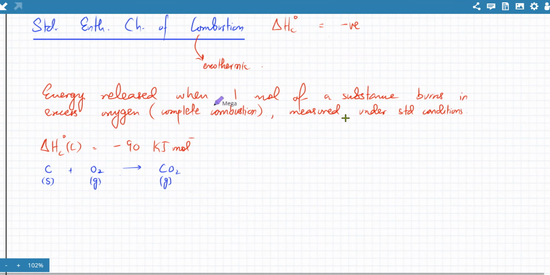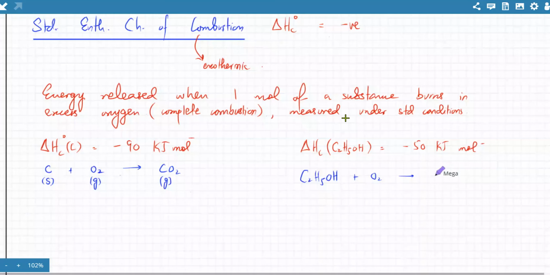If in the question they tell you that the enthalpy change of combustion of, let's say, ethanol has this value, what reaction are they talking about? It's a reaction in which 1 mole of ethanol, which is C2H5OH, burns in excess oxygen to produce CO2 and H2O.